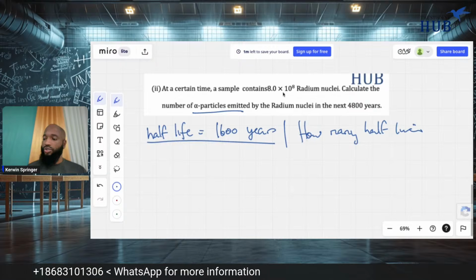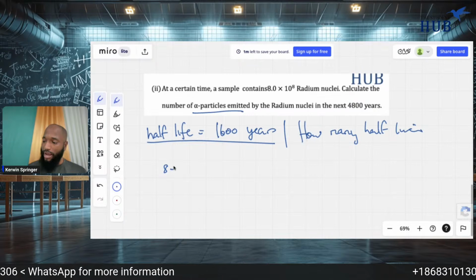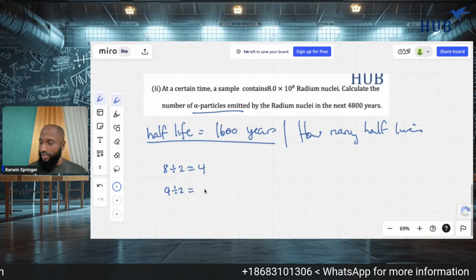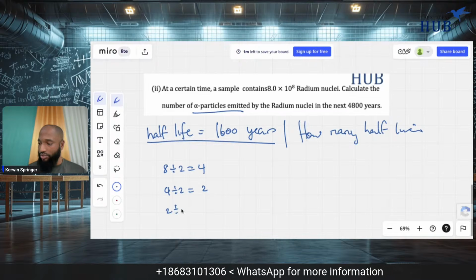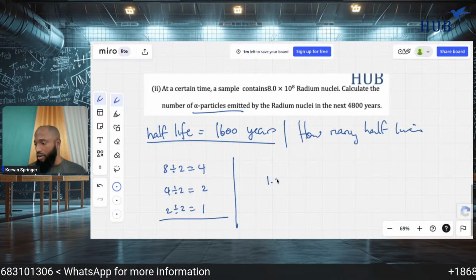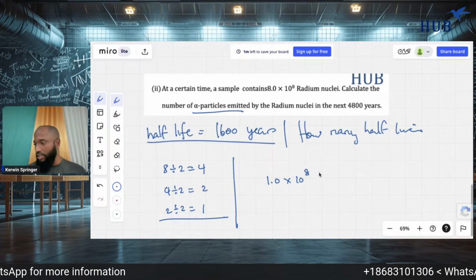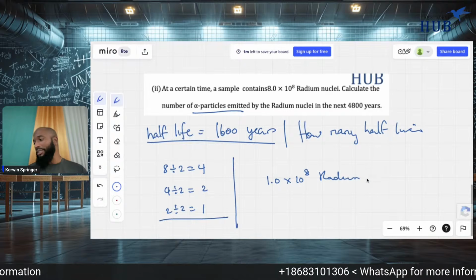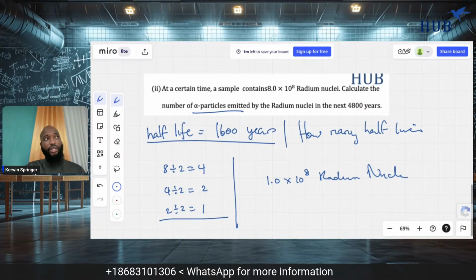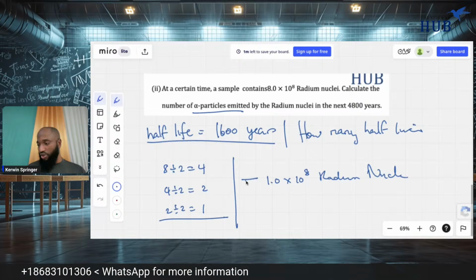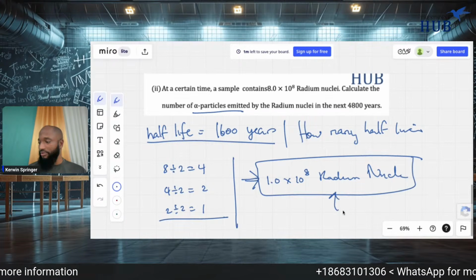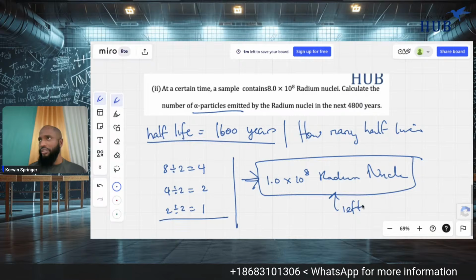So 8 divided by 2 is 4, 4 divided by 2 is 2, 2 divided by 2 is 1. So this has 1.0 times 10 to the power of 8 radium nuclei. But this is not the answer to the question. Usually this right here would be the answer because it's reached to this level. But this is how much is left, right? Everybody understand what I'm saying, the difference?